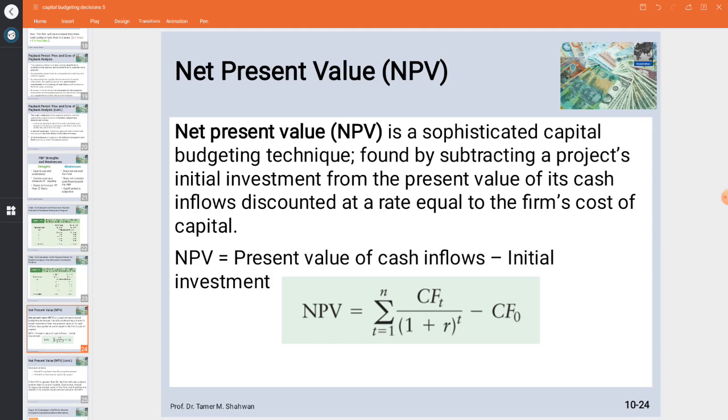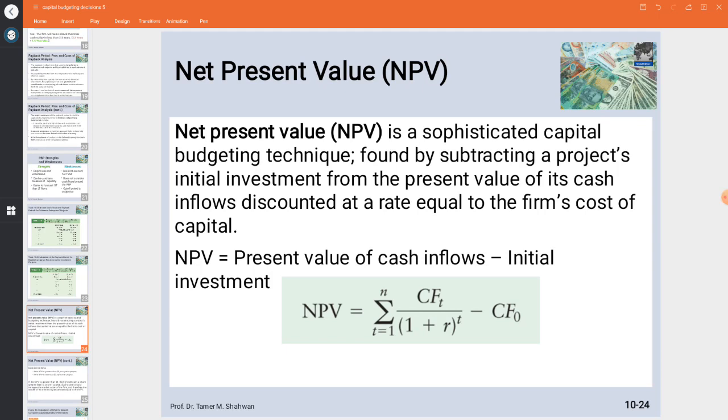Mathematically, NPV equals the PV of cash inflows minus the initial investment. As you see, NPV is equal to the discounted cash flow at a specific discount rate equal to the cost of capital minus our initial cost.